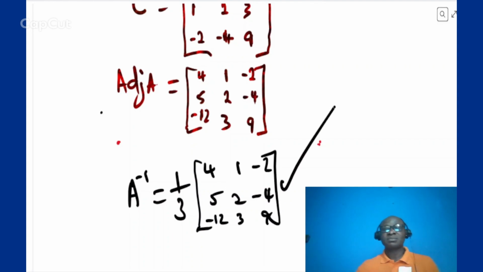Final answer. Beautiful. Very balanced. I hope it makes sense to you. Does it? Yes, sir. Beautiful. It's a long one to copy. I understand. Very long one.